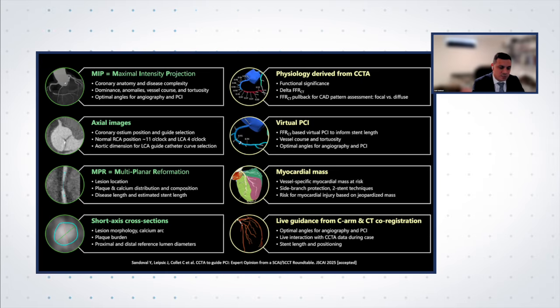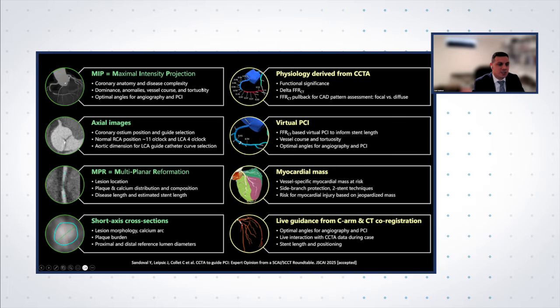On the left of this image, which is the central illustration of this expert opinion paper that will be released at SCAI coming up, you can see images that can be routinely acquired from any CT software. Those are the MIP, the maximal intensity projection.